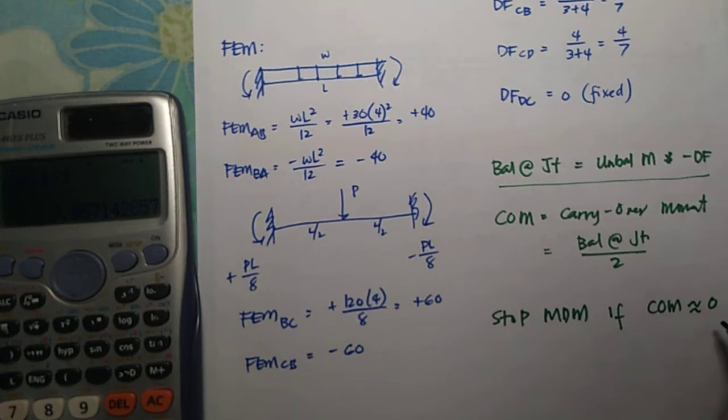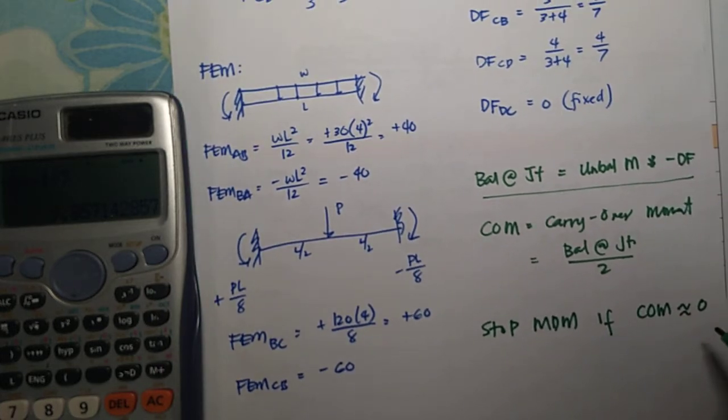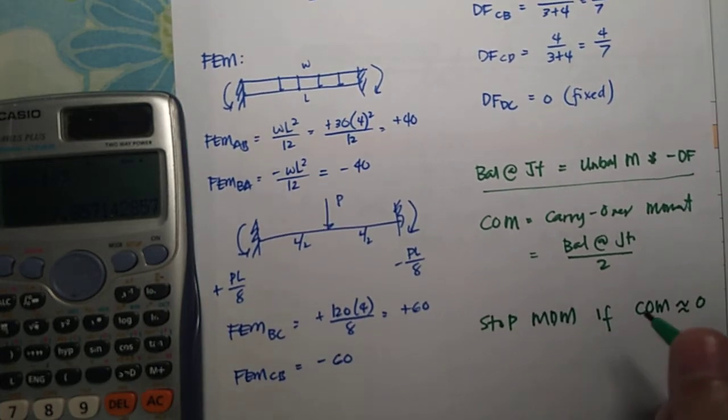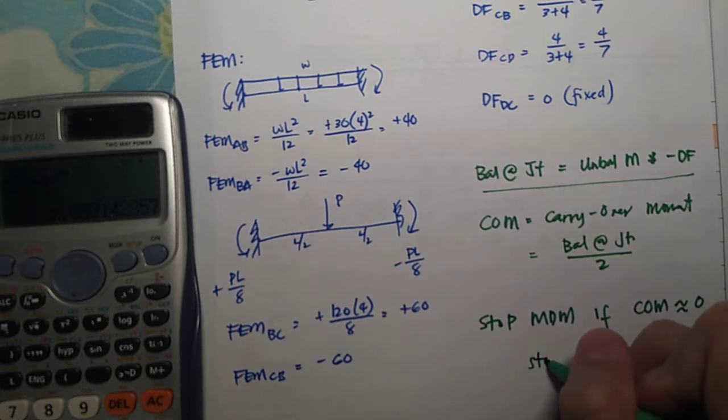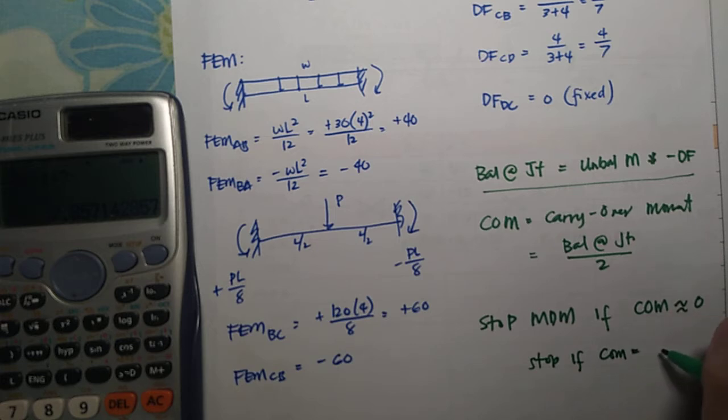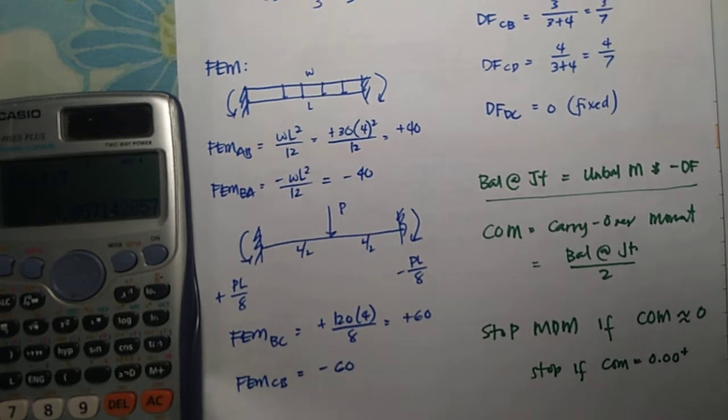Okay? Approximately 0 or negligible. So, sa atin, siguro gagawin natin, let us stop if COM is 0.00 something. Stop na tayo. So, doon tayo mag-e-end sa COM.